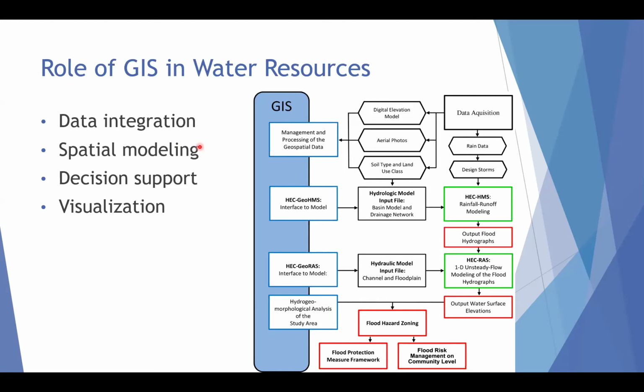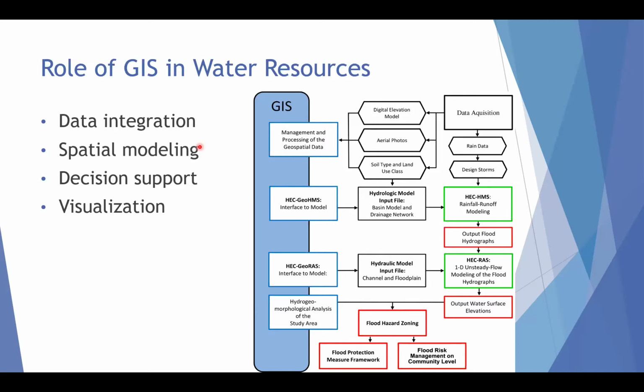For example, in a particular location, I have soil type A, land use type B, and a slope C. And these three combinations contribute to some amount of runoff. So these spatially varying data have to be integrated. So GIS provides a platform for integration.